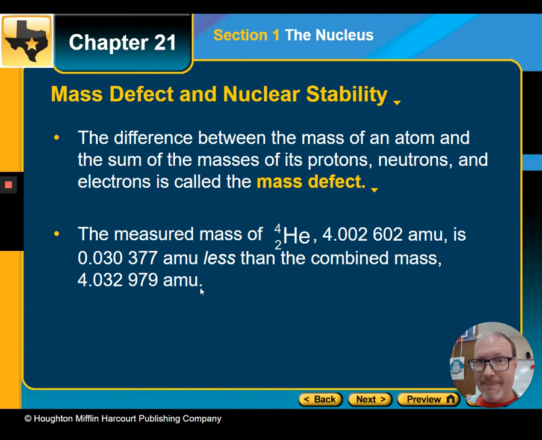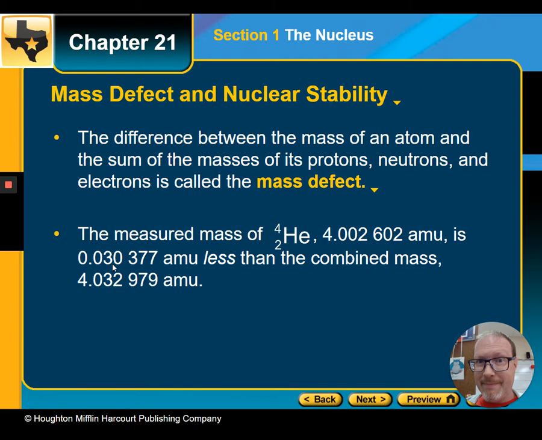But if I actually take the mass of a helium nucleus, the mass I get is 4.002602, which means if you look at these two numbers, the difference is 0.030377 AMU. Now, is that a lot? No, it's not. Because remember, an AMU, or an atomic mass unit, is about equal to the mass of a single proton or a single neutron. Pretty close.